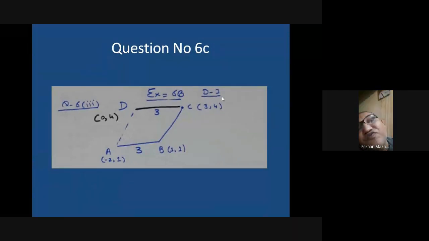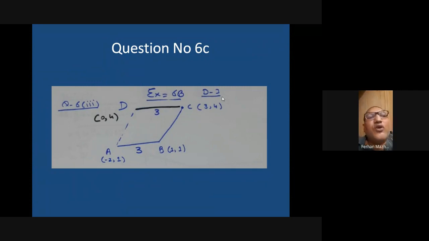He wants you to find out the coordinates of the point D. And the name of the parallelogram is very important. It says A, B, C, D. So it means you have to join A with B, B with C, C with D, and D with A. We don't know where D is.